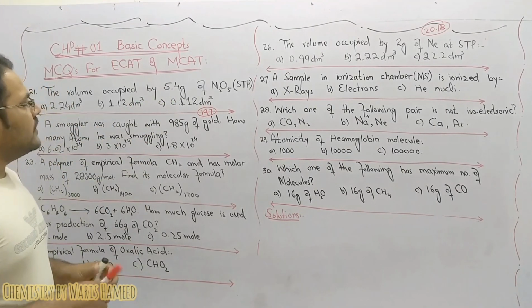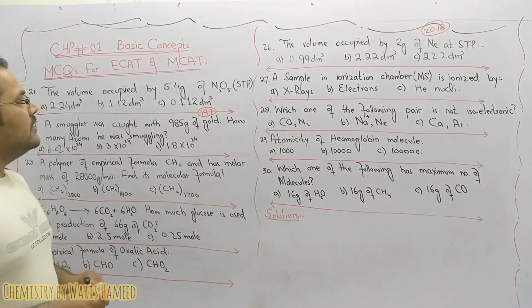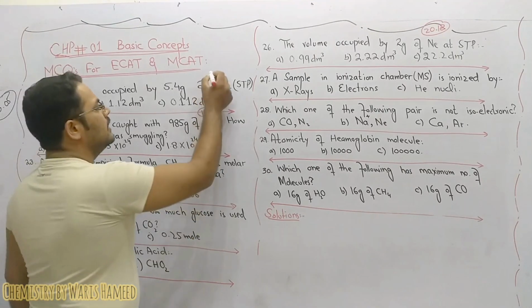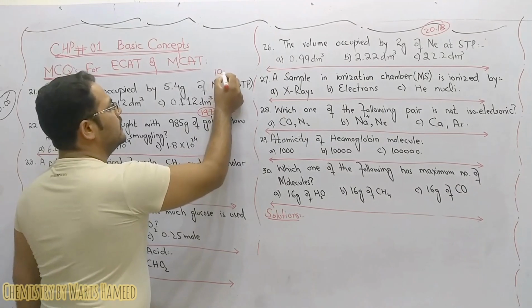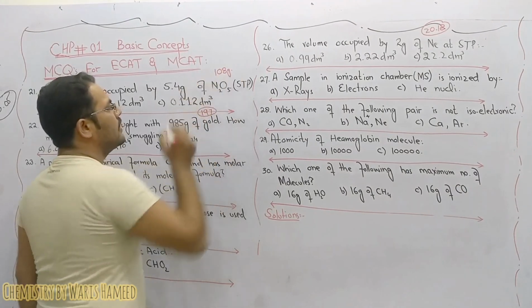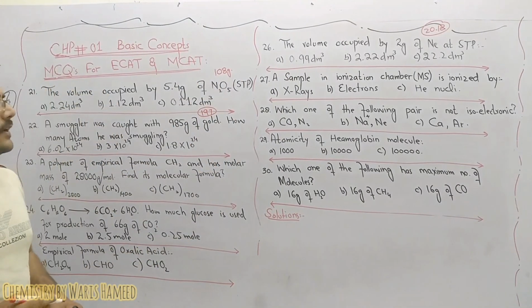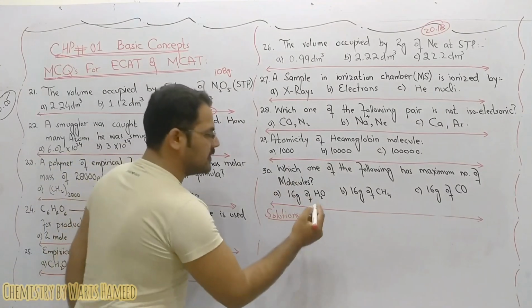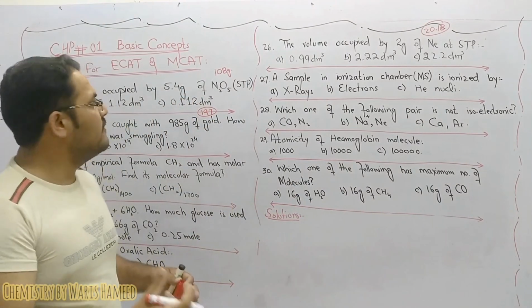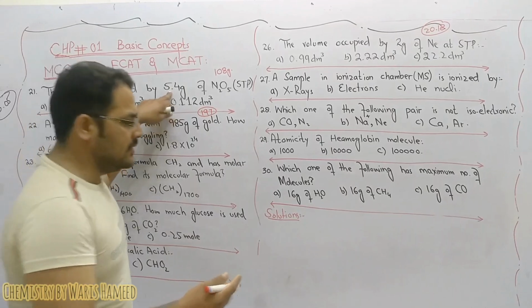Now, first of all, what is the molar mass of dinitrogen pentoxide? Its molar mass is 108 gram. How can we calculate the occupied volume? First of all, calculate the number of mole from given mass.